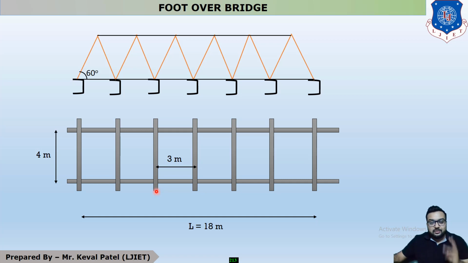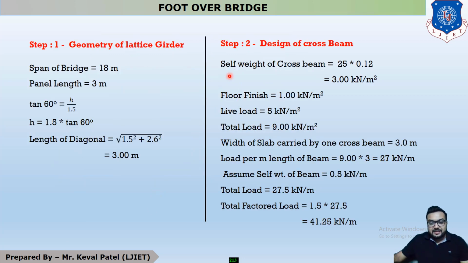Now it was already discussed that there are three main components of load which transfer to the cross beam. So it is the self weight of RCC slab, floor finish and live load. So the self weight of RCC slab is 25 into 0.12, because in the question it is already given that the flooring thickness is 120 thick.